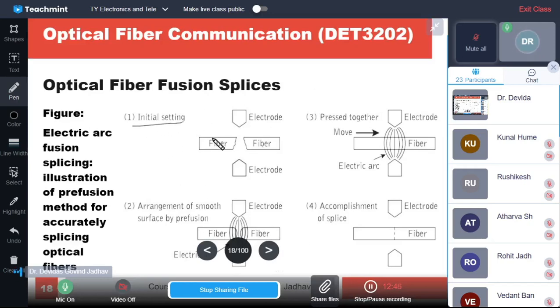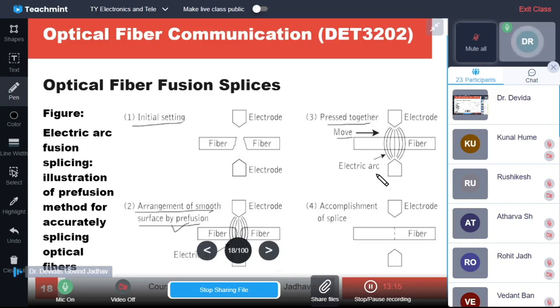Initial setting is there, that is end face preparation, and then the alignment, and then the arrangement of a smooth face with the help of pre-fusion, applying a small heat less than the melting heat. In pre-fusion the end faces become rounded, circular, and then they are pressed together by moving them in this way.